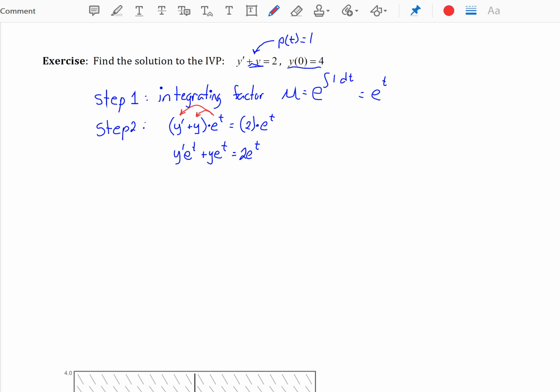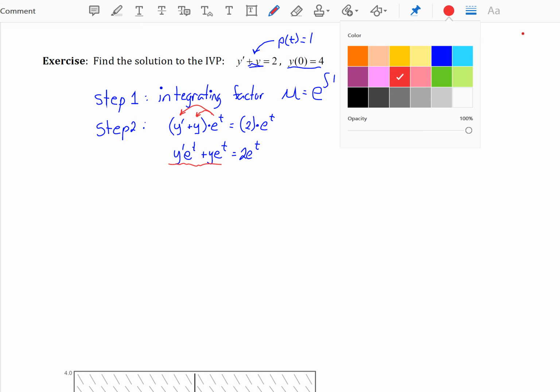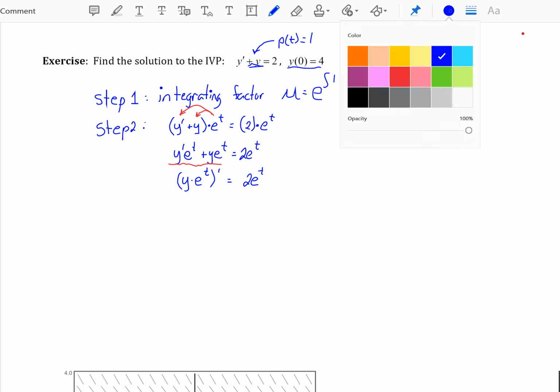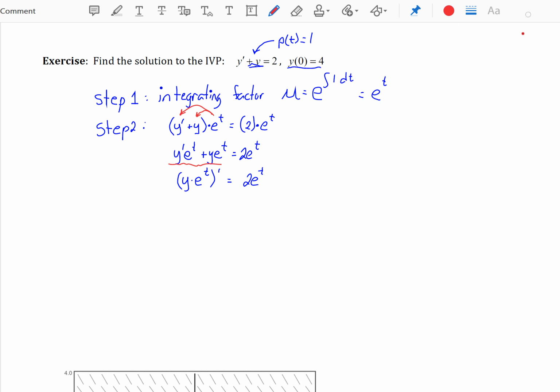Remember, this integrating factor is supposed to have the property that allows us to rewrite the left-hand side as an application of the product rule. It's always going to be the original variable y times the integrating factor. I want you to remember that, but I think it's also important for you to verify this works.